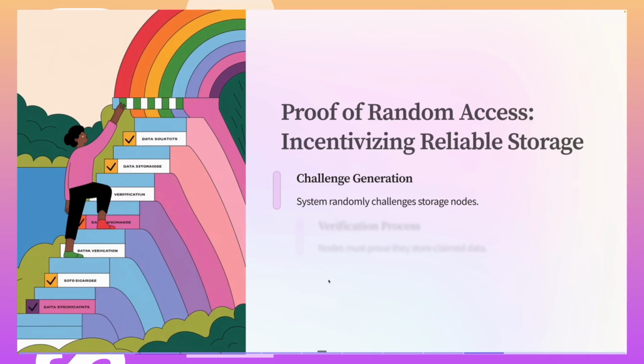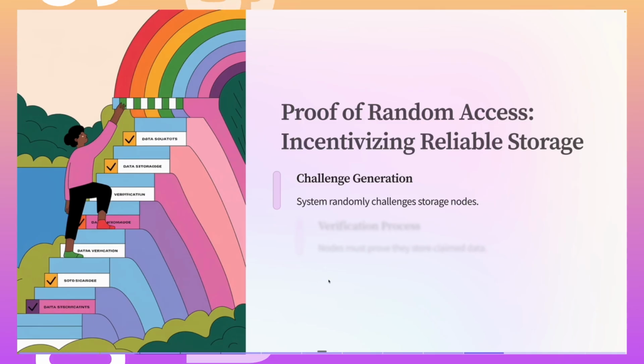So when it comes to the mining rewards, I need to explain about PoRA. PoRA is the consensus that is powering 0G storage. PoRA means proof of random access. So how does it work?